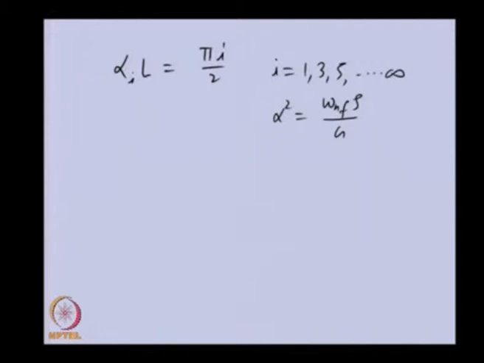So we can get the natural frequency from this, that will be omega is equal to I pi by 2L times the square root of G by rho. After simplification we can get the natural frequency from these two expressions like this, and here I is again varying as 1, 3, 5. So these are the various natural frequencies of the cantilever shaft.